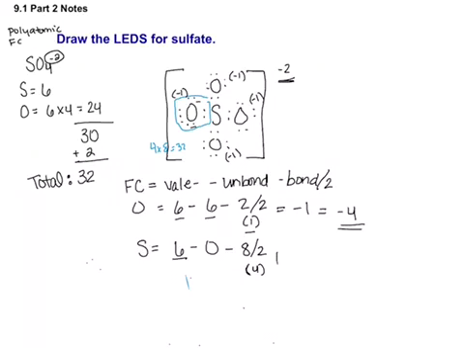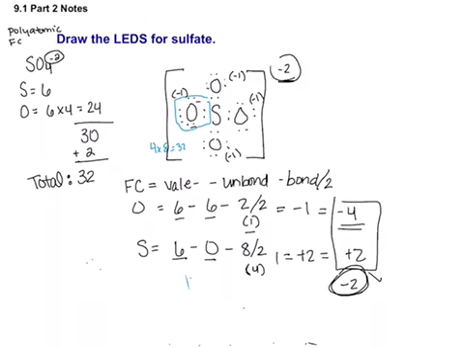So 6 minus 0 minus 4 is a +2. So when we're looking at our overall charge, the -4 plus 2 breaks down to an overall charge of -2. So yep, we have our correct structure because this charge matches with the charge of the polyatomic.